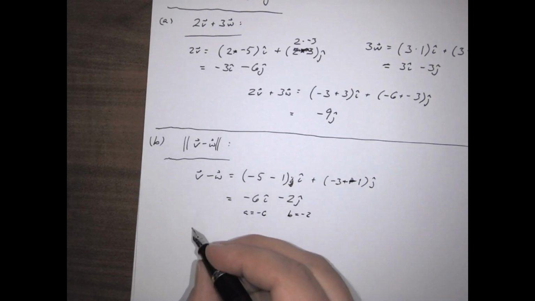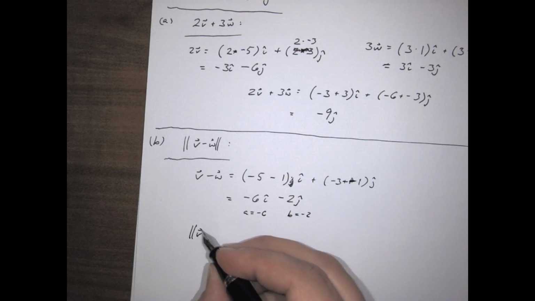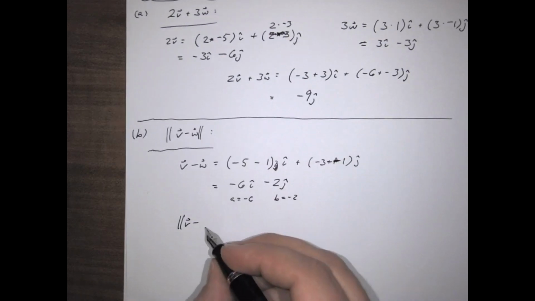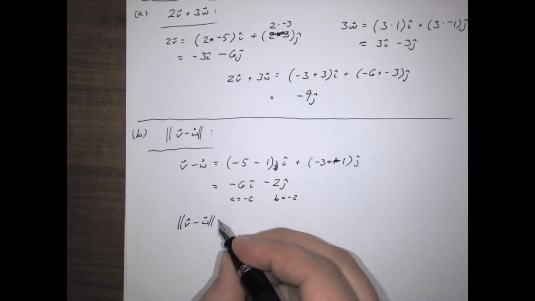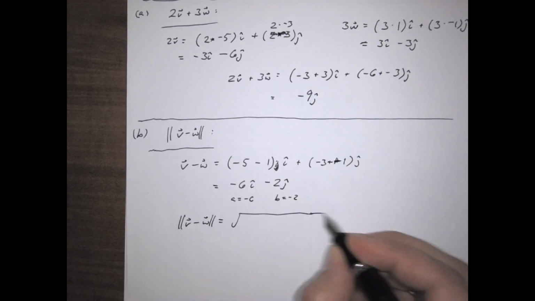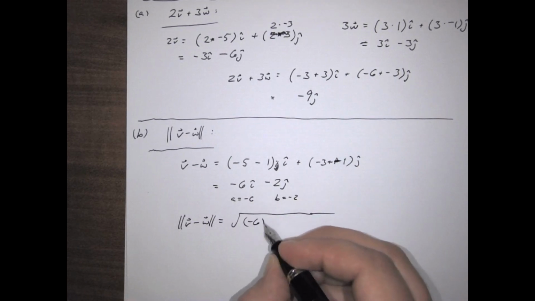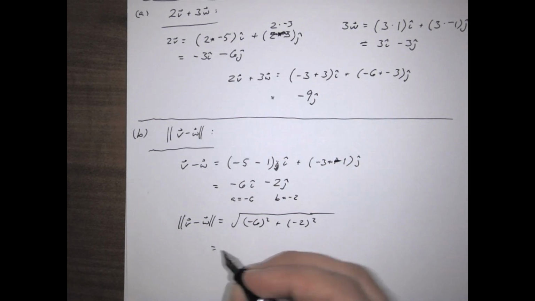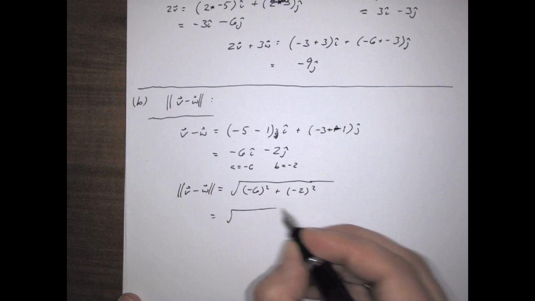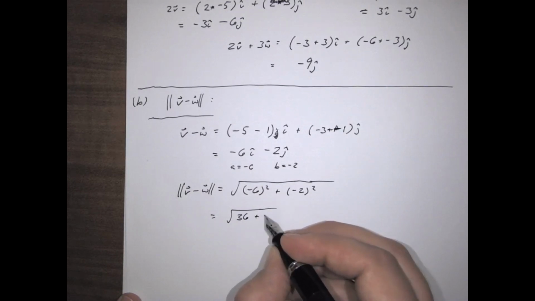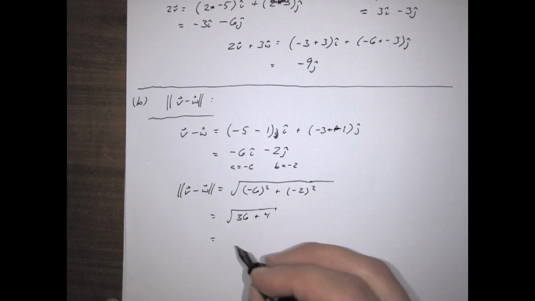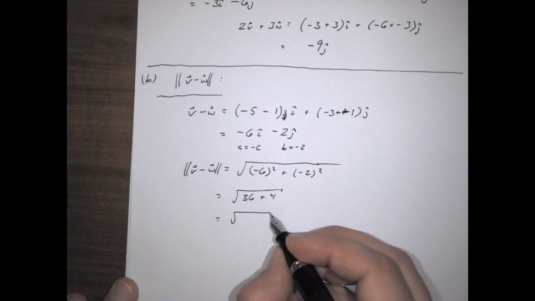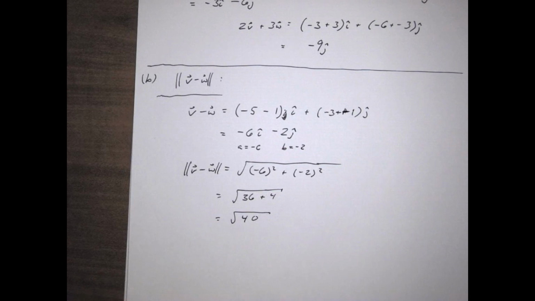And now we have to find the magnitude. So the magnitude of v minus w is going to be the square root of negative 6 squared plus negative 2 squared. And that's going to be the square root of positive 36 plus positive 4, which is going to equal the square root of 40. Now here I can see that there is a perfect square in there. There may be more than one.